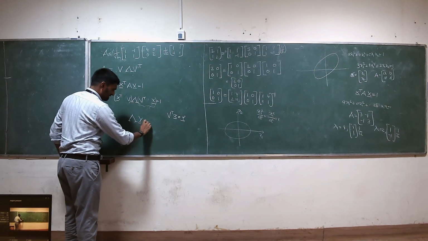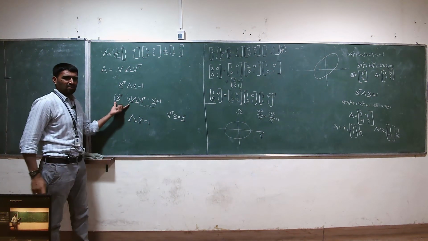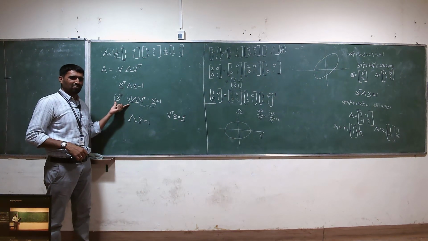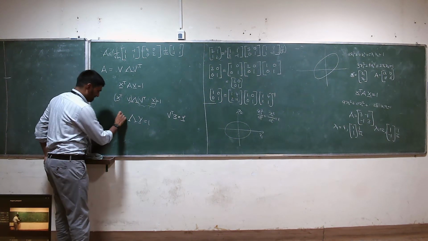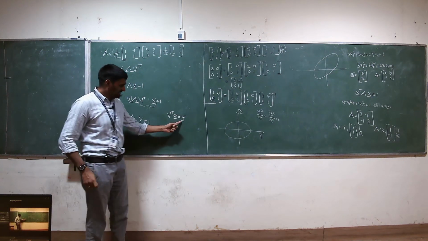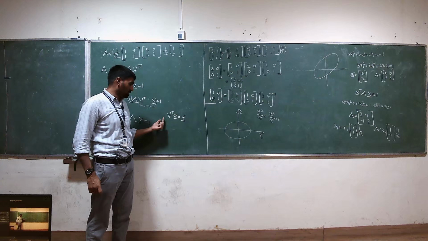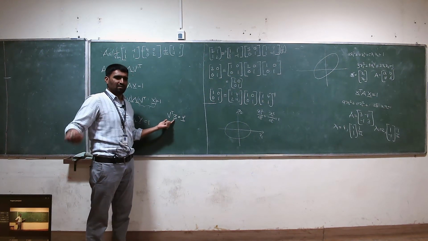Y transpose X is equal to 1. What is Y transpose? If you take the transpose of the whole thing, reverse the order, and take the individual transposes, it will be X transpose, V transpose, transpose. This is V.